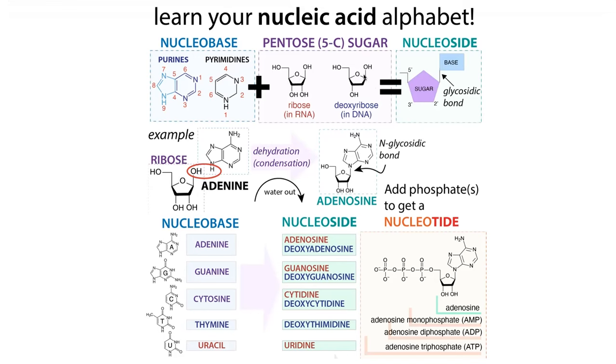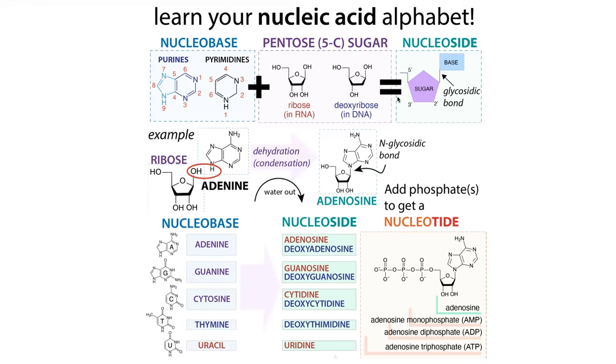We're putting it on that right arm of the deoxyribose or the ribose. And we're going to connect it to a nitrogen in our nucleobase through this dehydration or condensation reaction, which forms an N-glycosidic bond. N, because it's through this nitrogen, we call this an N-glycosidic bond.